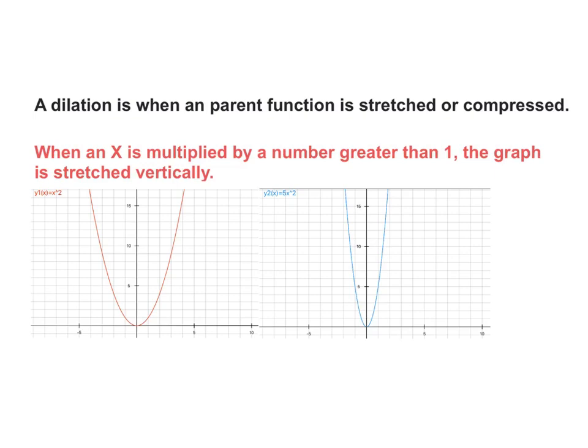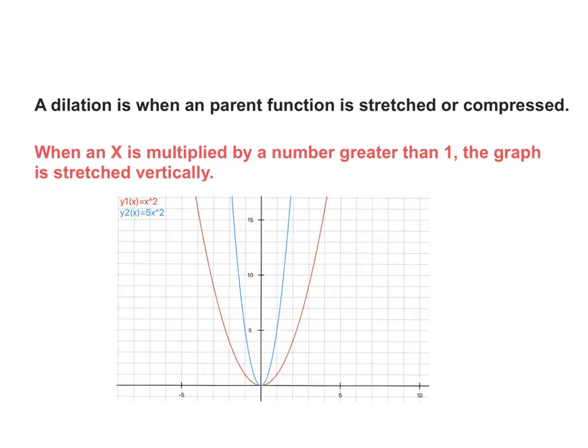Now I'm going to put a graph where they're both on the same axes. So if you want to take a picture of this, you can see how multiplying by a number bigger than 1 pulls that parabola up. The red is the parent function. The blue is the stretch, or the dilation. Now, the other thing that we can do is smash or compress the parent function, which will make it fatter, wider.